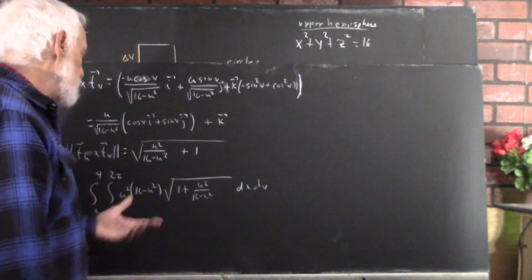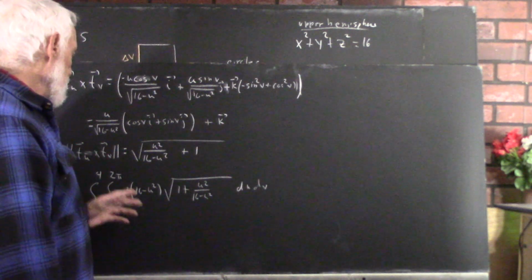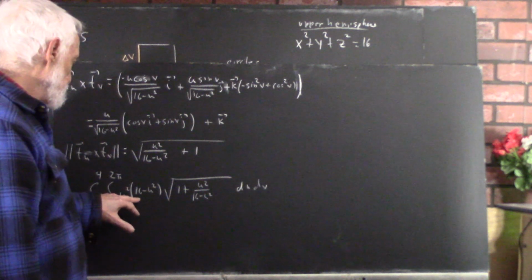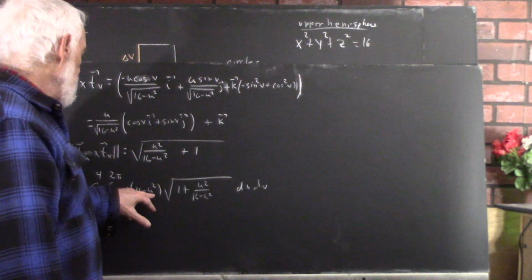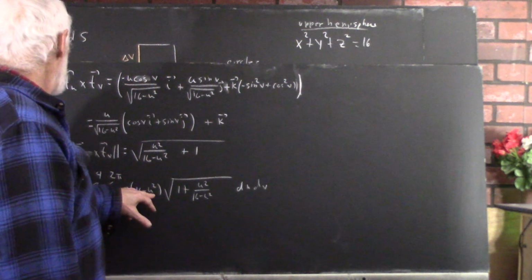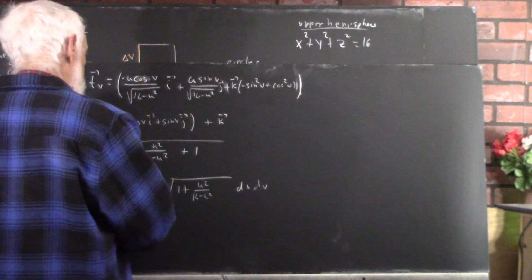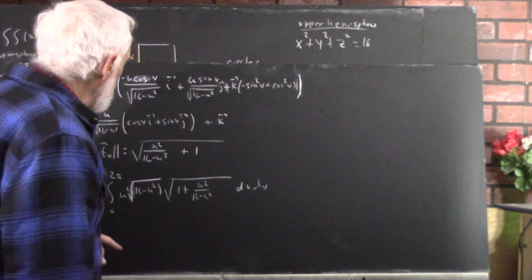And then you go to your standard integration technique, and I don't want to go into all that detail. Your 16 minus u squared, and this is the square root of 16 minus u squared.